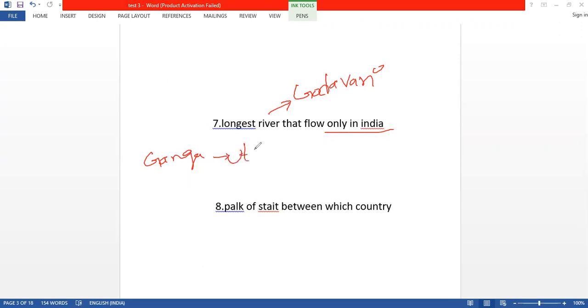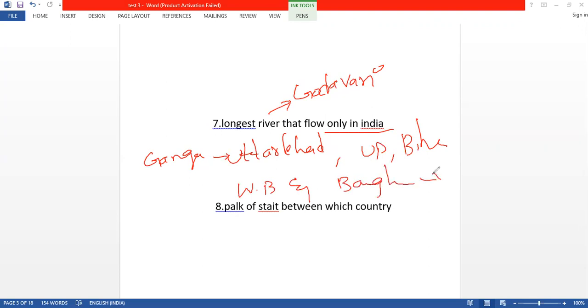It flows in Uttarakhand, UP, Bihar, West Bengal and Bangladesh. Finally it meets the Bay of Bengal. So Bangladesh also has it flowing, so the answer is not Ganga. If the question is which is the longest river flowing in India, it means Ganga. Here only in India means Godavari.